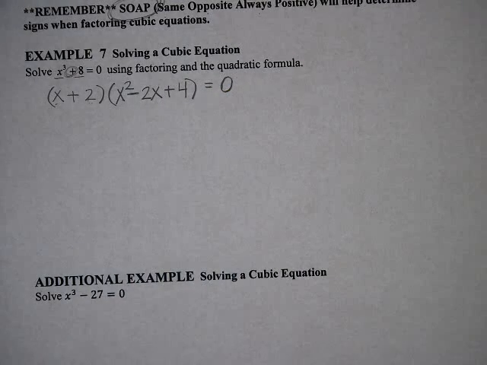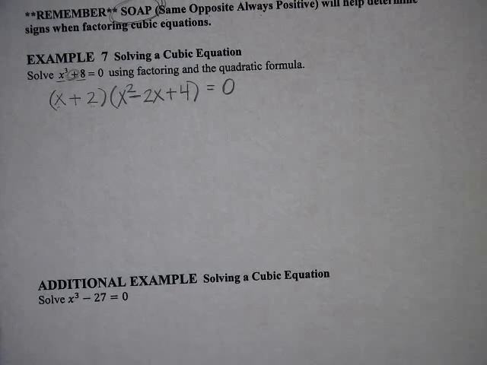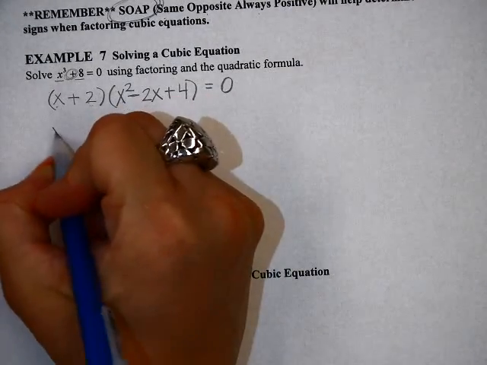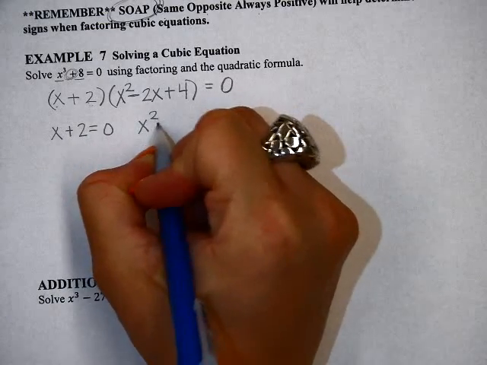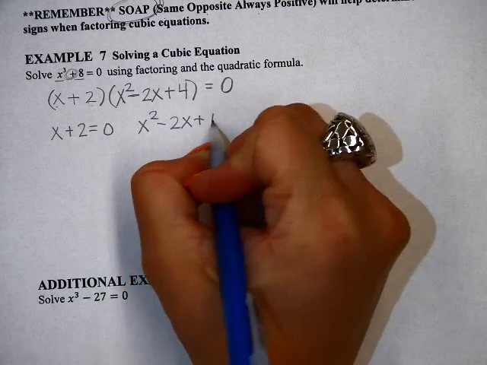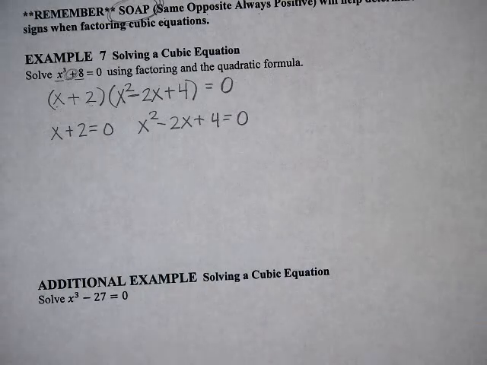So when we factor this cubic equation, we have x plus 2 times x squared minus 2x plus 4 equals 0. Now you still want to set each factor equal to 0, just like we did previously. So we have x plus 2 equals 0, and x squared minus 2x plus 4 equals 0.